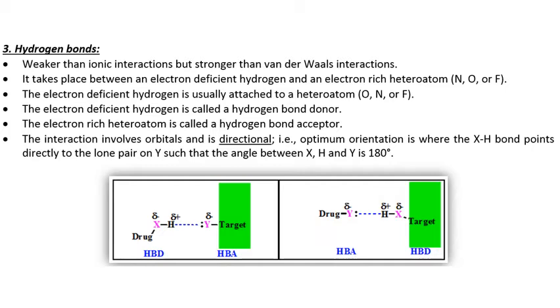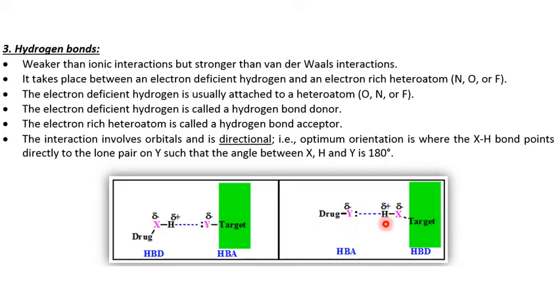Hydrogen bonds occur between an electron-rich heteroatom such as nitrogen, oxygen, or fluorine, and an electron-deficient hydrogen that is attached to another heteroatom such as oxygen, nitrogen, or fluorine. The heteroatom that's attached to the hydrogen is known as the hydrogen bond donor, and the other heteroatom is known as the hydrogen bond acceptor.